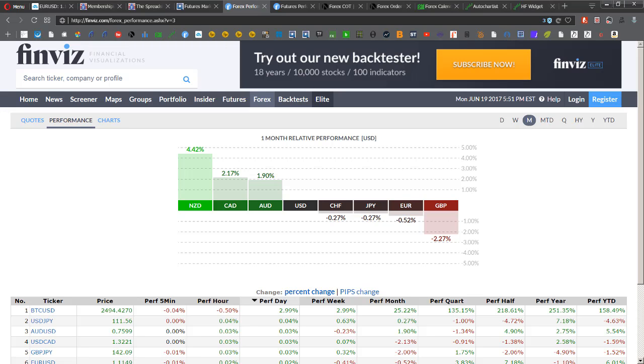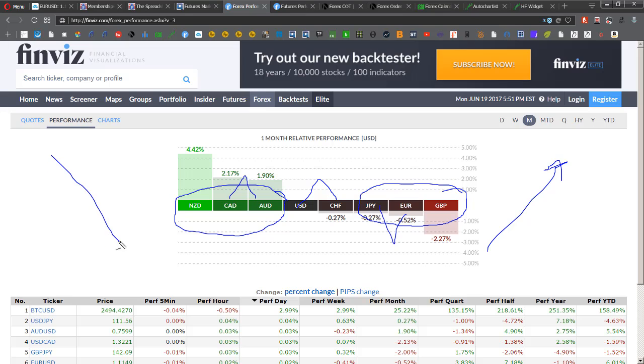Ultimately what you're doing is looking at the stronger currencies versus the weaker currencies. If there's not much contrast between two currencies, there's probably not much of a trend, and we're looking for those uptrends, those downtrends. It's the follow through on currency trends that is so powerful, and that's why we look at the 1 month.